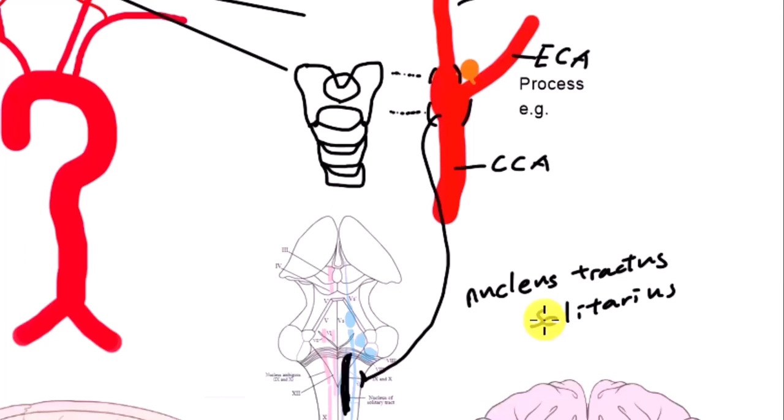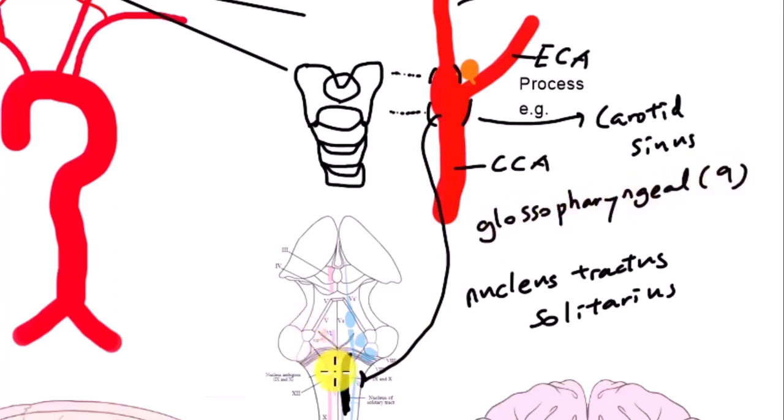Let me just write that down too, over here. It sends that signal from the carotid sinus through glossopharyngeal nerve, the cranial nerve 9. And from the nucleus tractus solitarius, it sends signal via sympathetic or parasympathetic nervous system.